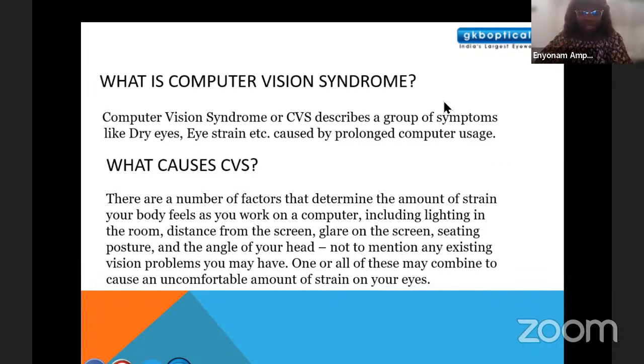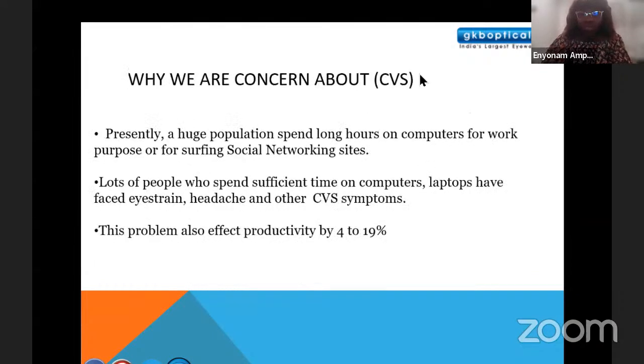There are a lot of factors: the light from your phone, computer, or screen can affect you if it is too much. The distance from the screen, how you sit when you're using your computer, and even your phone or tablet can also contribute to it.